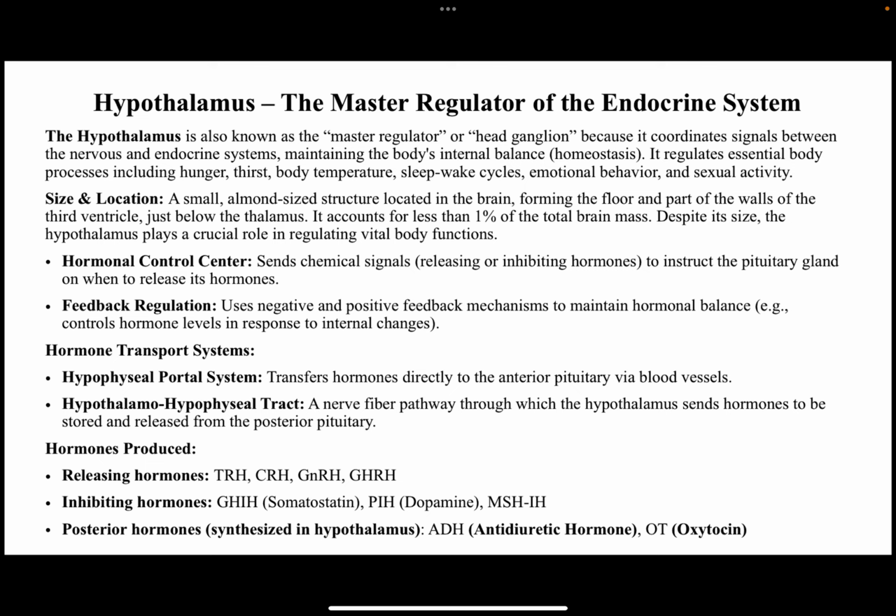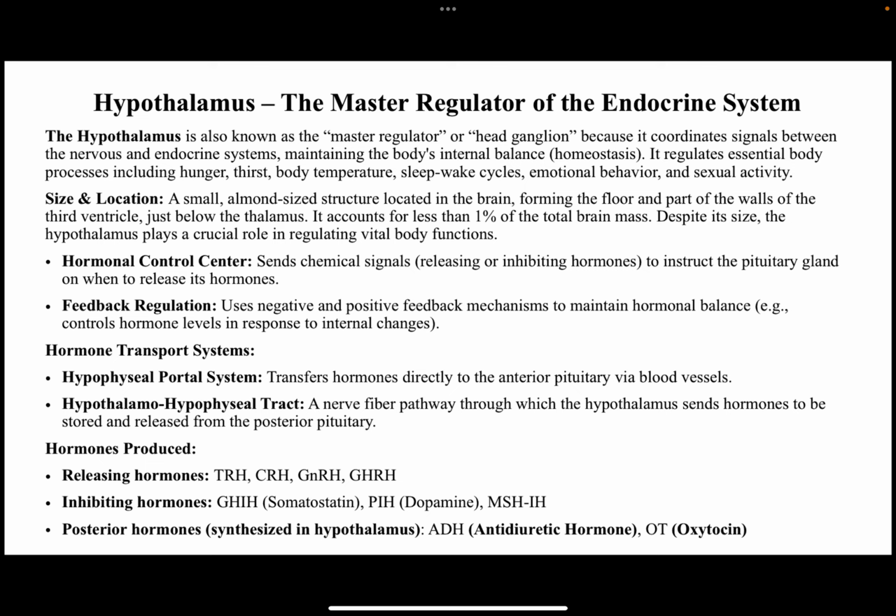So the hypothalamus releases its releasing and inhibiting hormones into the blood vessels connecting it to the anterior pituitary, and then it's able to influence the activities of the anterior pituitary.